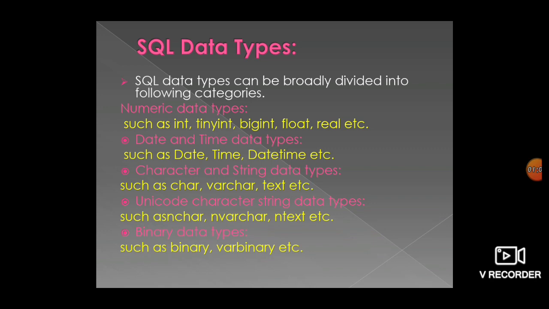Characters means alphabets, such as char, varchar, and text; this kind of data you store in the character and string data types. In Unicode character string data types you store characters and text, as in the examples you can see. And in binary data types you store binary kinds of values.